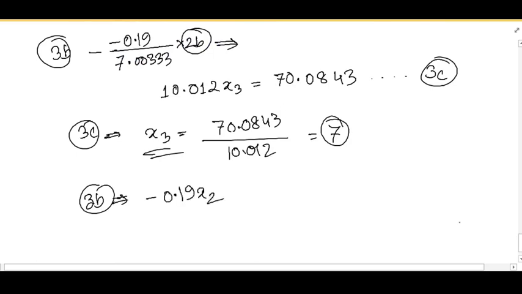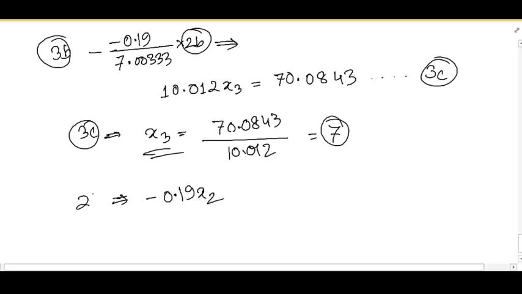So 0.19 x2 is remaining here. Sorry, 2b, I forgot to write it. This will not be 3b, rather it will be 2b.